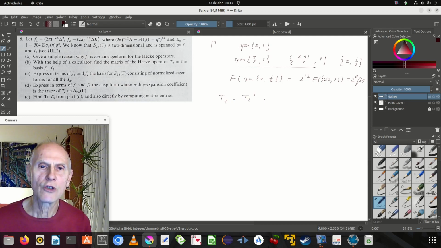When we square T2, we get the lattice spanned by one half and one half twice.